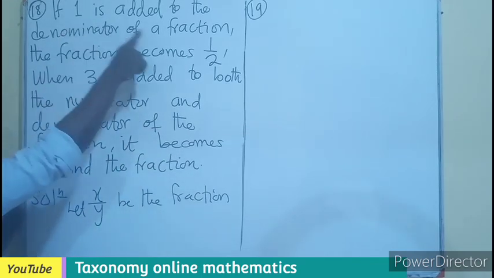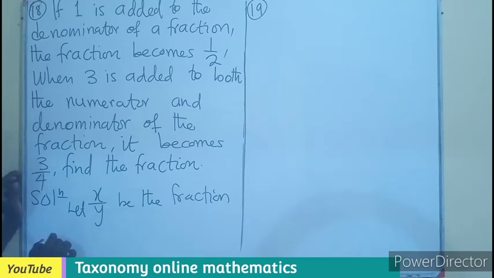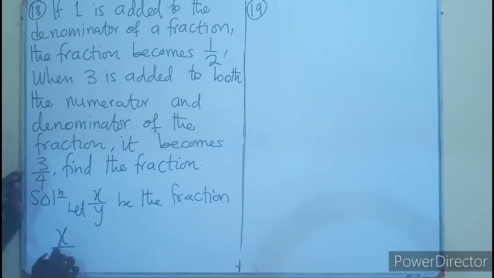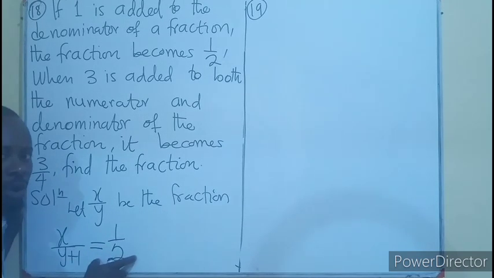Now, 1 is added to the denominator, meaning x over y plus 1. If I add 1 to the denominator, my answer is going to be 1/2.